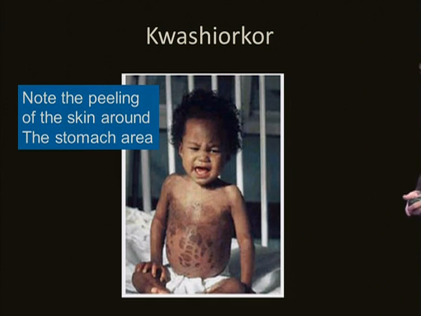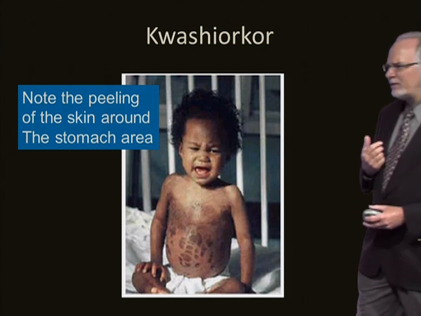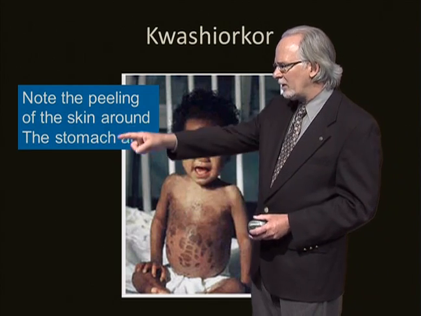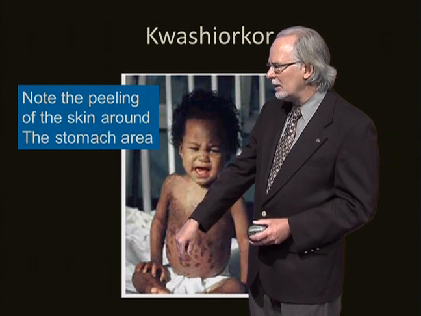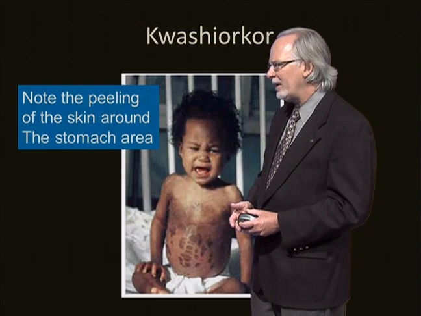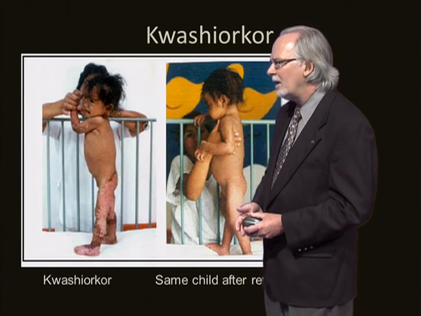Kwashiorkor, it's not just the large belly, but also the peeling of the skin. The skin becomes like paper and develops any number of different skin problems and such, as you can see with this child along the bottom here, and that is again a classic sign of Kwashiorkor.